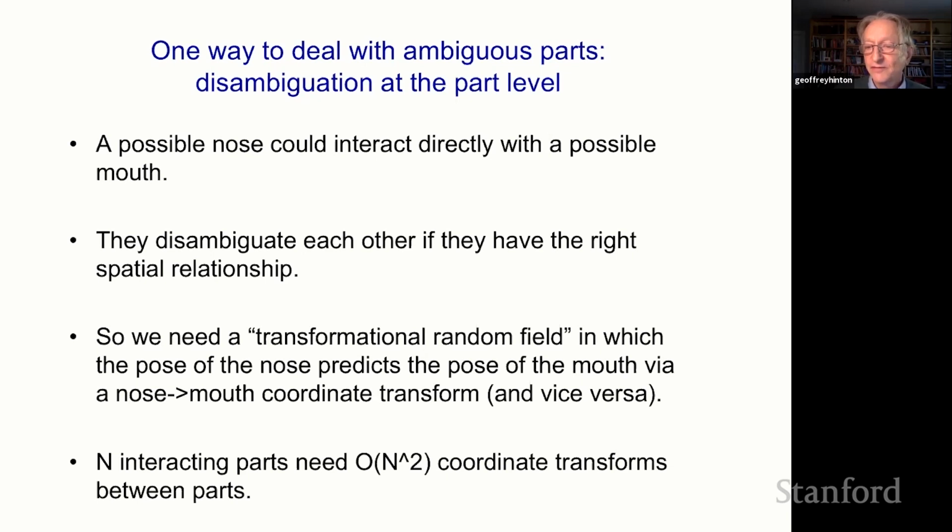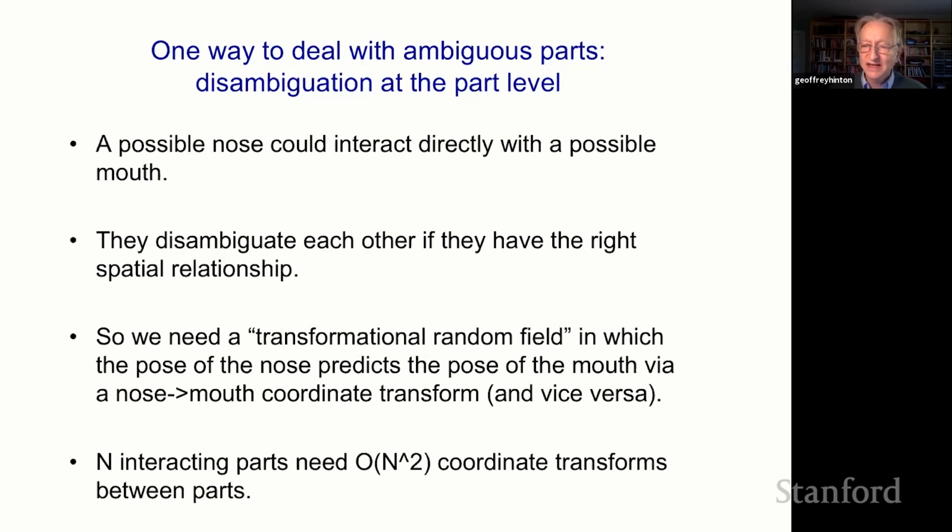And so you'd like, for example, to send out a message from the nose to all nearby locations saying, does anybody have a mouth with the pose that I predict by taking the pose of the nose, multiplying by the coordinate transform between a nose and a mouth, and now I can predict the pose of the mouth. Is there anybody out there with that pose who thinks there might be a mouth?